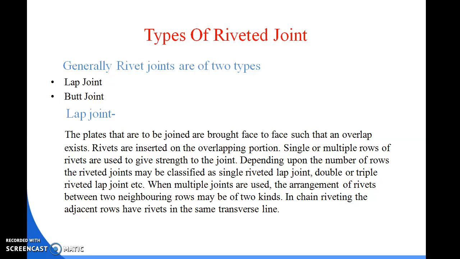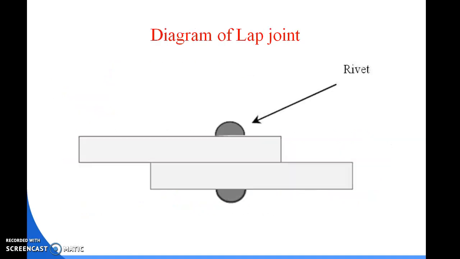In a lap joint, one plate overlaps the other and the two plates are then riveted together. This is the diagram of a lap joint. Here is one plate, and here is the other plate, and this is the riveted joint.